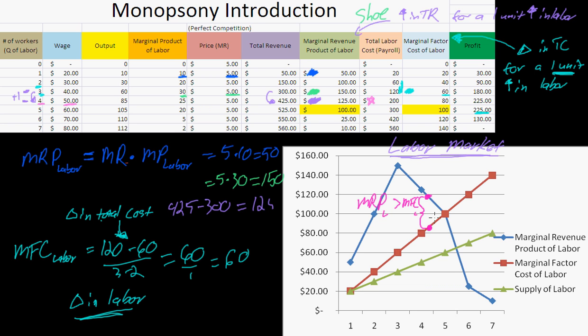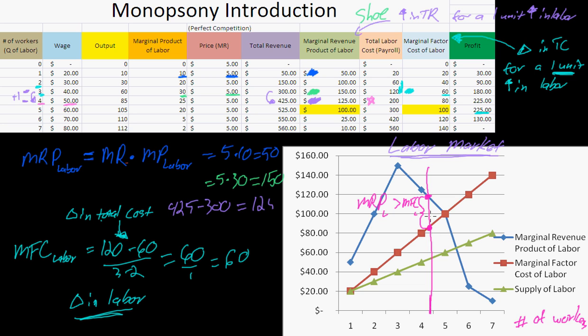And I'm going to say that one more time because it's the most important part. At this level of output, this number of workers, you know what, I should label this graph. This is number of workers. So with this many workers hired, and I kind of drew it in the middle, but we could scoot it over a little bit, our workers are making us more money than we have to pay them. So we're obviously going to keep hiring workers.